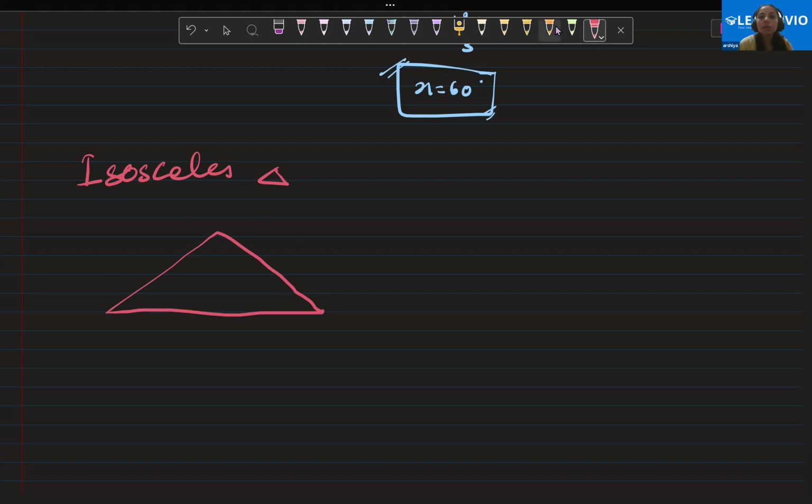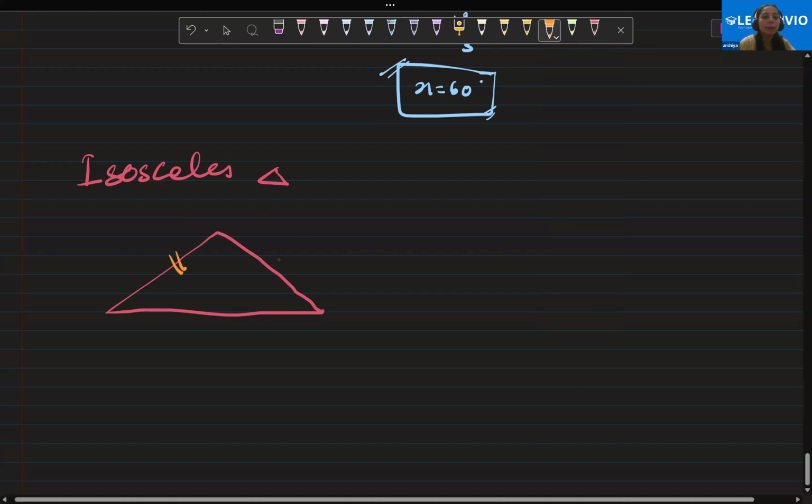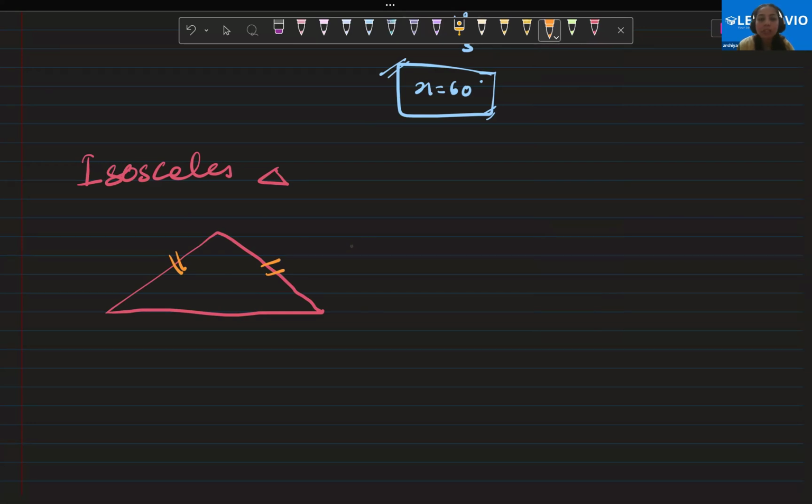To show that the sides are equal, I'm going to mark them. So these two sides are equal. Let's name the triangle as well: triangle ABC, and these two sides are equal.